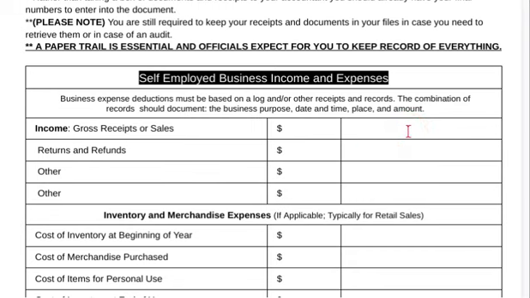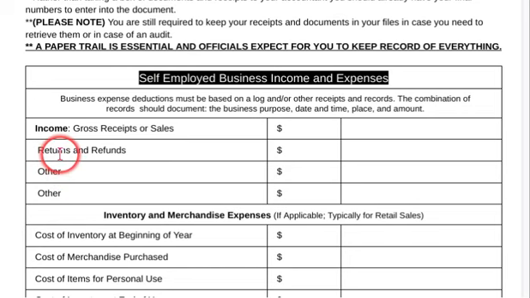If you want to be all the way thorough, then you can do the purpose, date, time, place, and all of that. But I do use that solely for expenses. But you may want to put a note in this box in regards to the income. But that's solely up to you. But usually I'll put the total amount that I made.